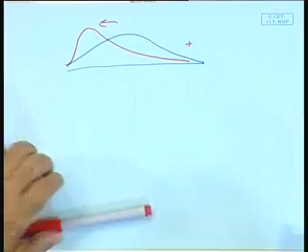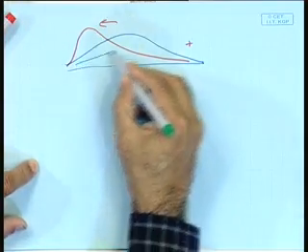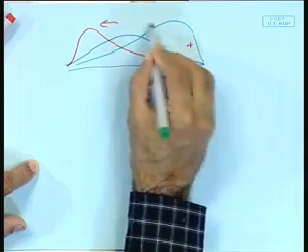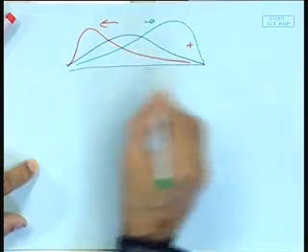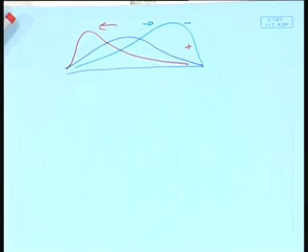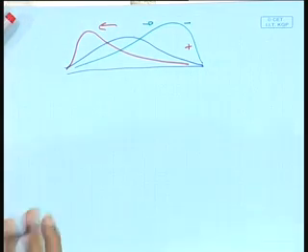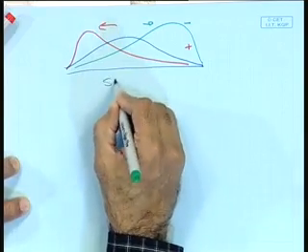And it could also be that my skew turns out to be going to the right, and the data could be like this. I've got most of the data going to the right, and this is called a negative skew. There are formulas available that tell you how this distribution is shaped. The shape of the distribution now comes from the skewness of the data. So the word here is skewness.